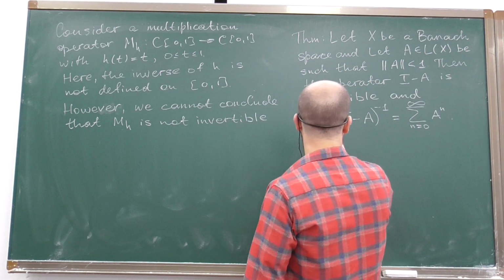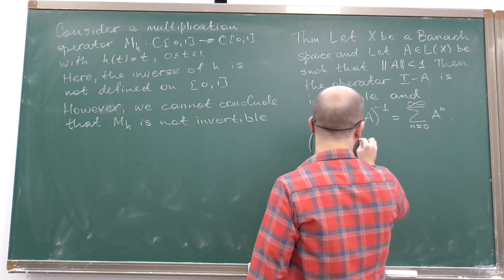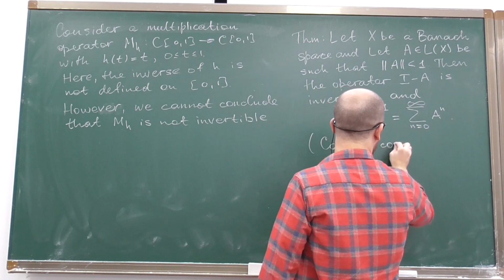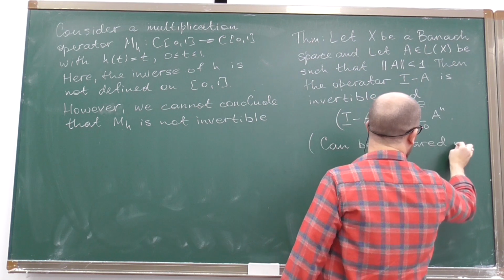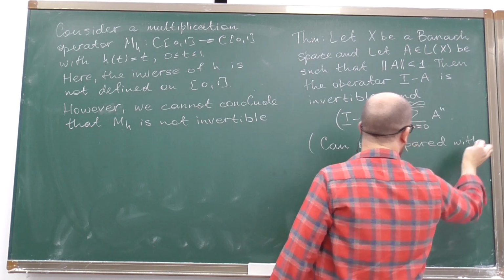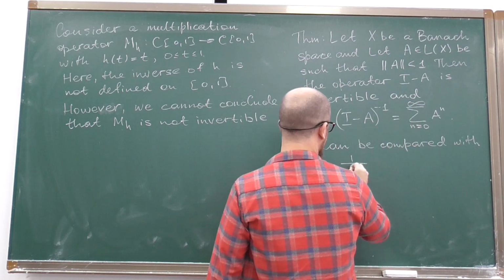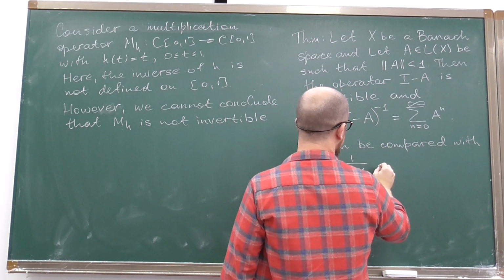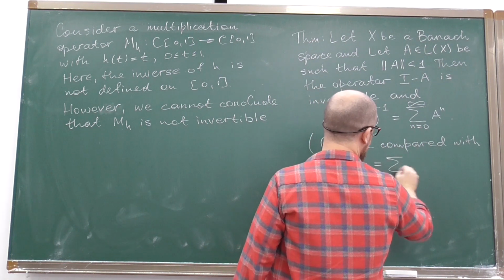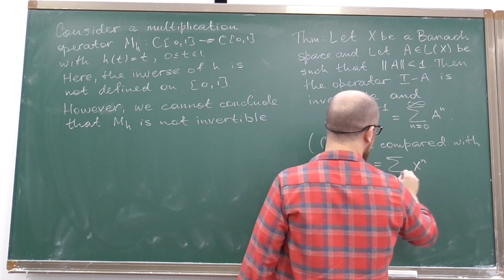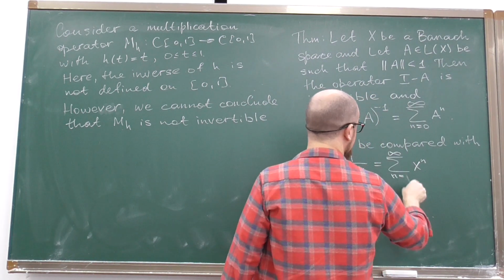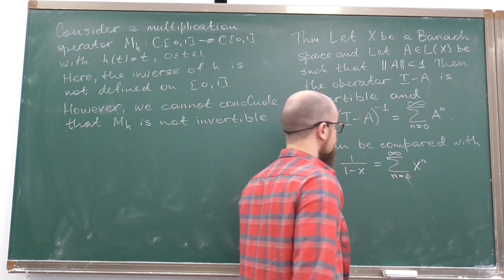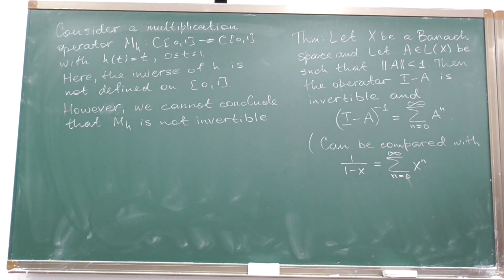So these can be compared with the formula 1 over 1 minus x equals the series of x to the n, n from 0 to infinity.